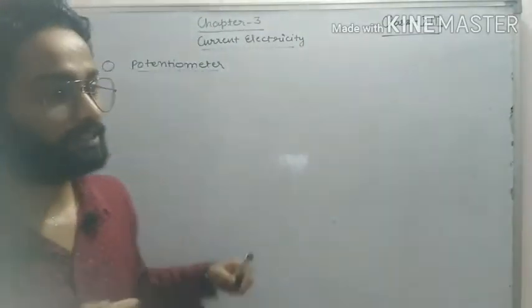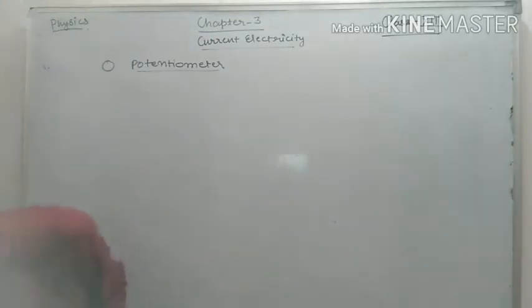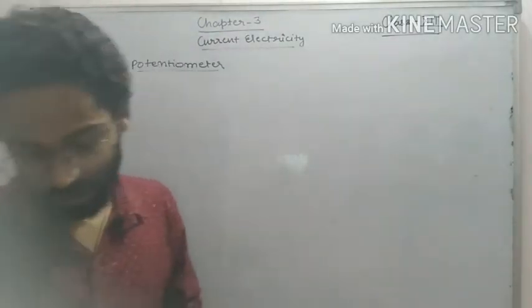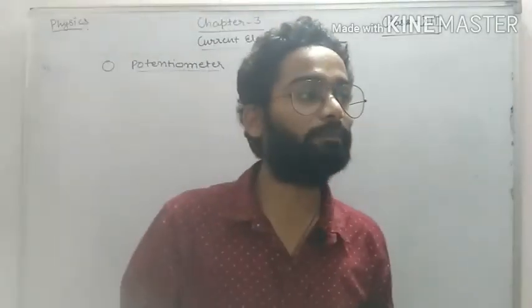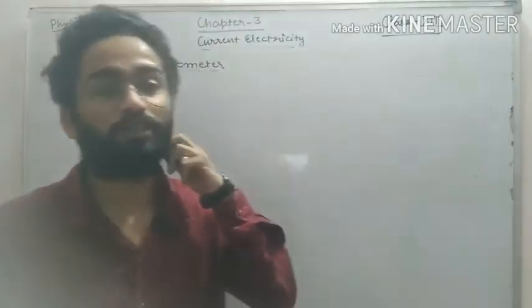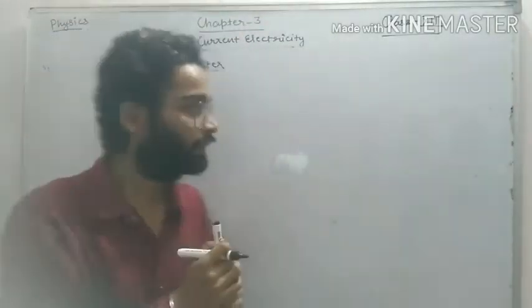It is based on the principle that the potential difference across any part of the wire is directly proportional to the length of that wire. How?